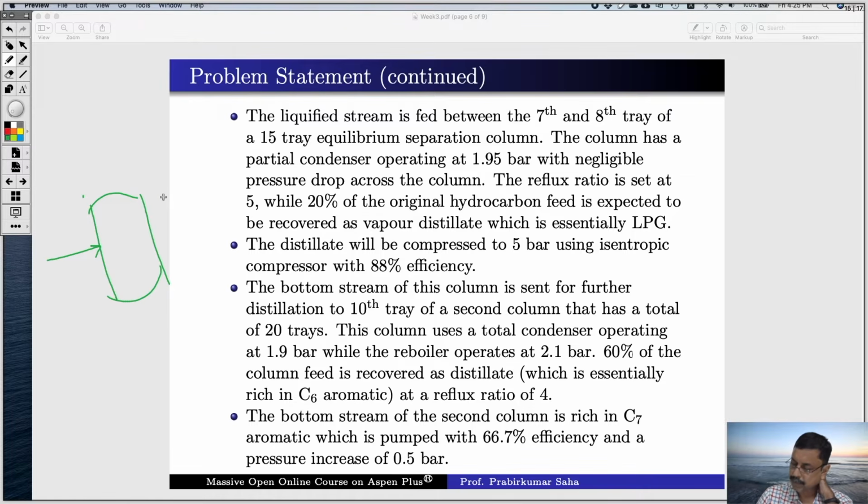Here the second column will have 20 trays, and the feed will be given at the 10th tray. This column uses a total condenser. That means there will be no vapor distillate, only liquid distillate. This condenser operates at 1.9 bar, and the reboiler at the bottom operates at 2.1 bar.